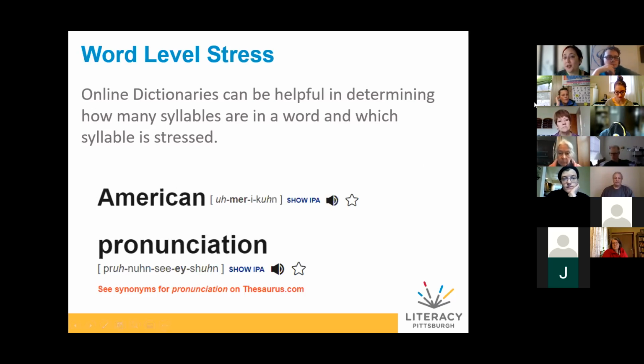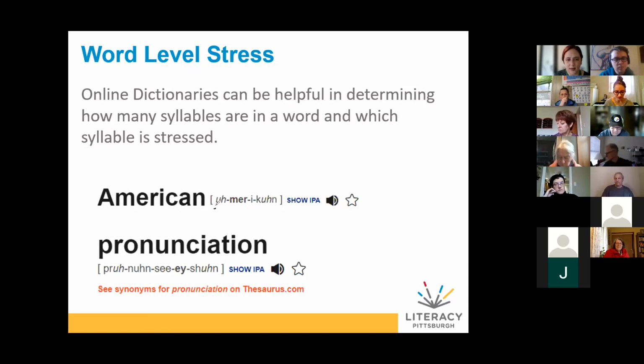Okay, if you're not sure if you have the right syllable stressed by ear, look in a dictionary, online dictionaries. This one is dictionary.com. So we see the word American, and it has a little pronunciation guide here.